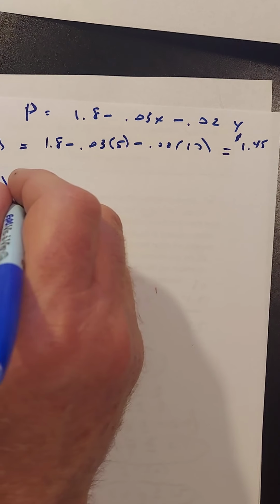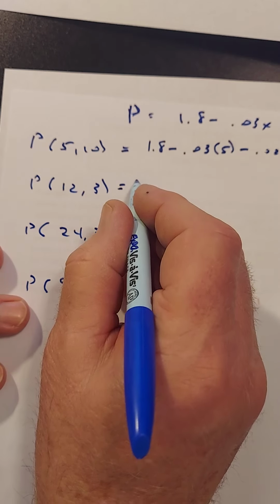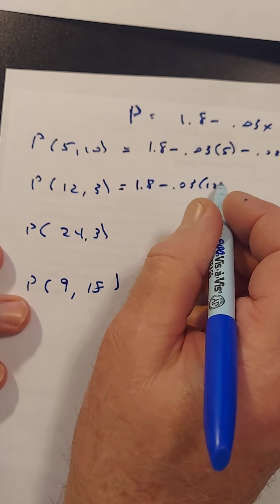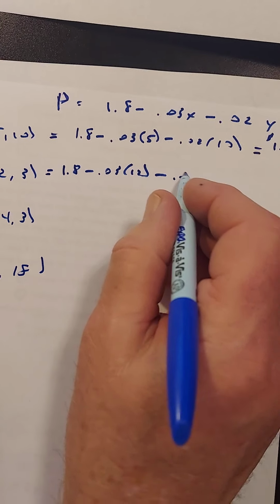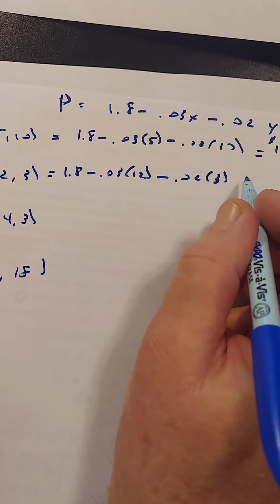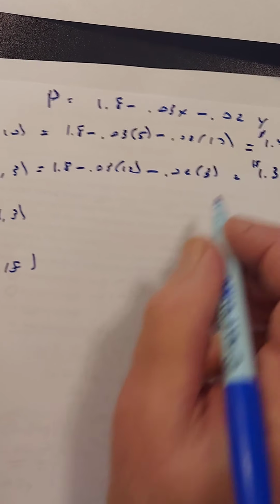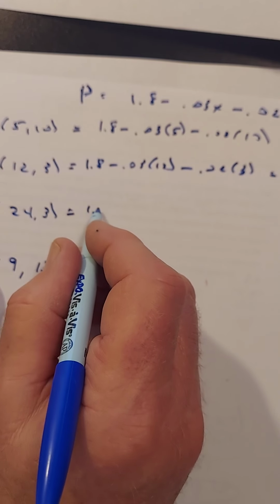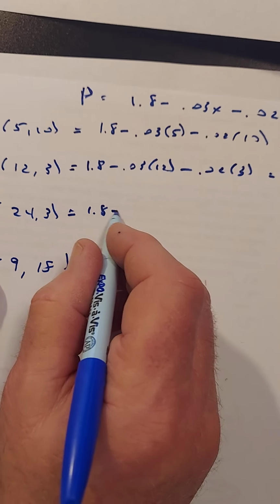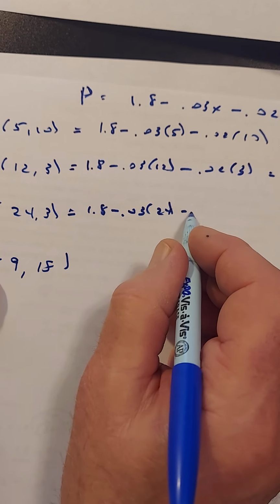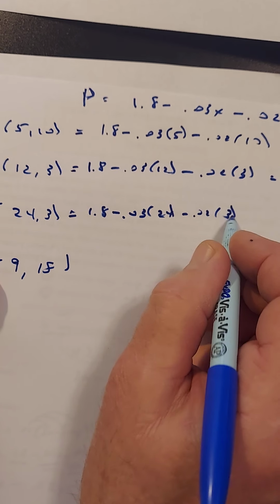Okay, so the next one here, it's going to be 1.8 minus 0.03 times 12 minus 0.02 times 3. And that number, I've got it over here, so I'm just going to write down that's 1.38 million. And the next one, I know this is becoming repetitive, 1.8 minus 0.03 times 24 minus 0.02 times 3.